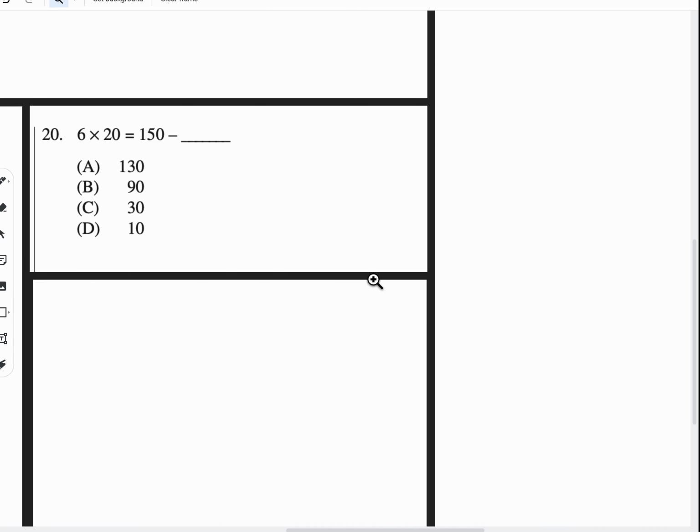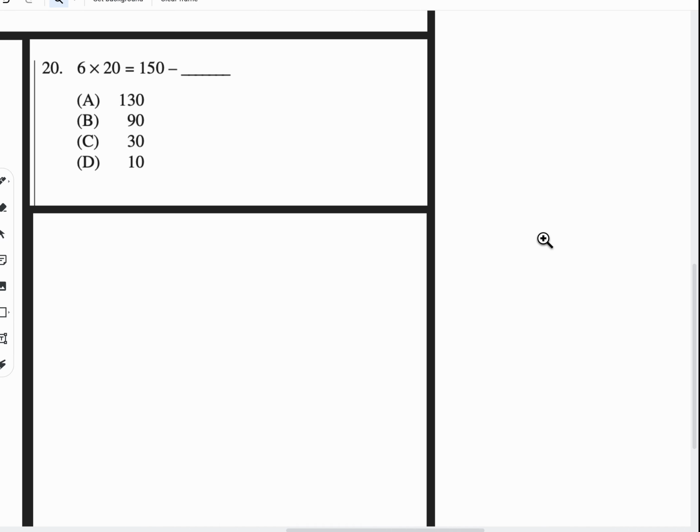Now let's take a look at number 20. 6 times 20 equals 150 minus blank. Now to find the missing part of this equation, we'll simplify the left side of the equation first. 6 times 20 equals 120.